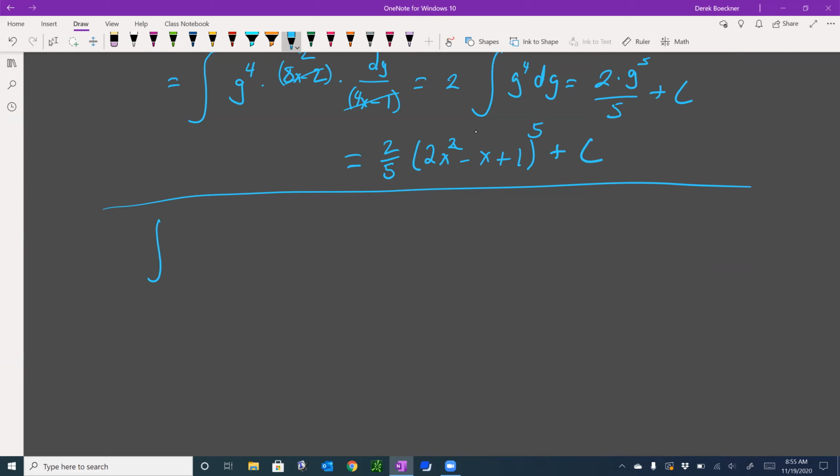Straightforward, straightforward, straightforward. And some of them tell you which substitutions to make. So if it tells you which substitution to make, I'm not going to worry too much.